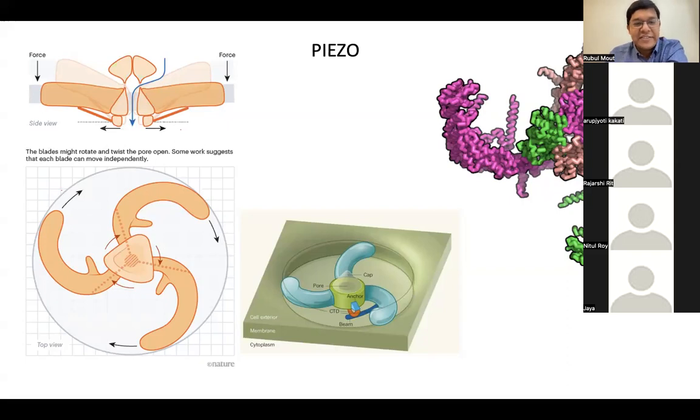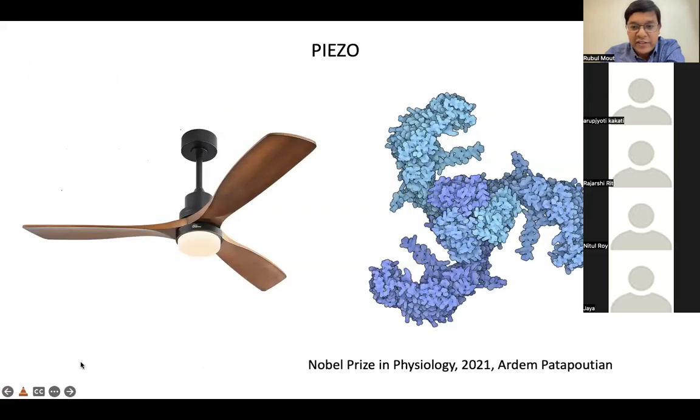Because you have this change in voltage, there is new information going into your brain. Understanding this protein actually led to the Nobel Prize this year. In fact, Ardem Patapoutian got the Nobel Prize along with, I think, David Julius.